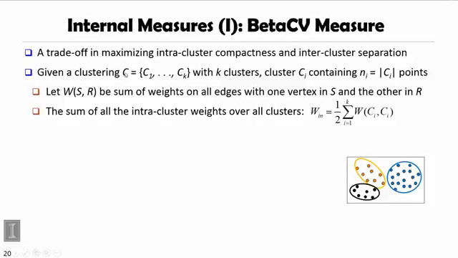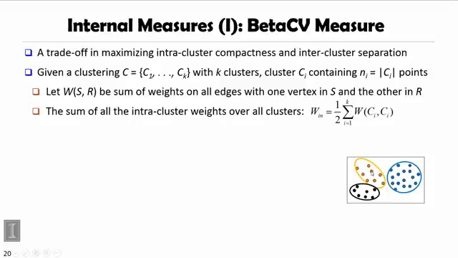Suppose we are given a clustering C with K clusters, C sub 1 to C sub K. For each cluster C sub i, it contains n sub i points. Then we introduce the function W of S, R, which is the sum of the weights on all the edges with one vertex in S, the other in R. For example, you get 2 points.